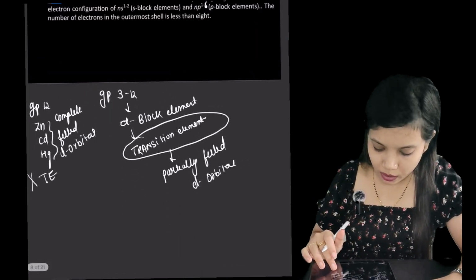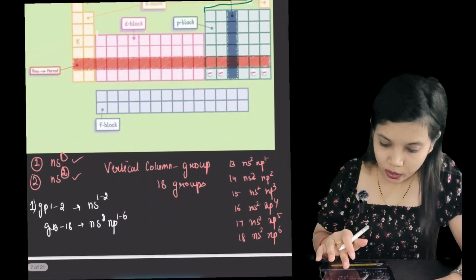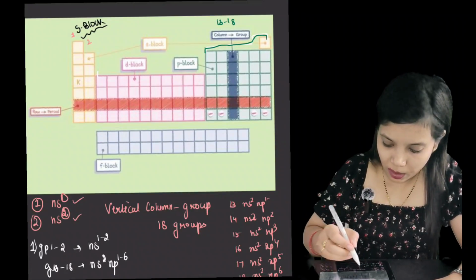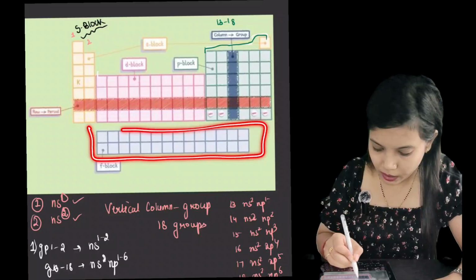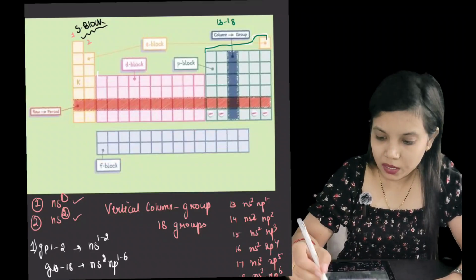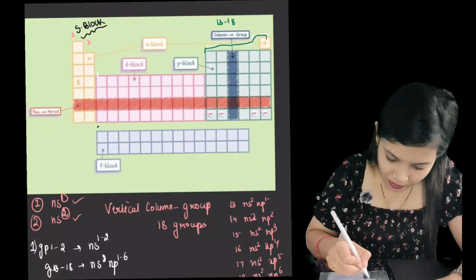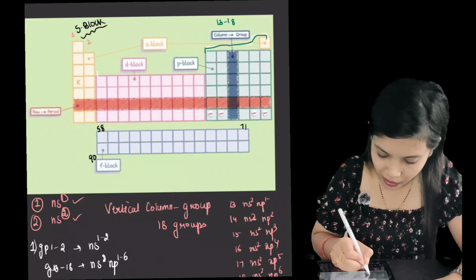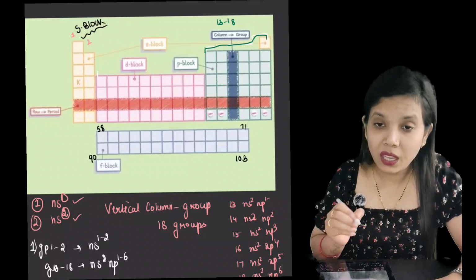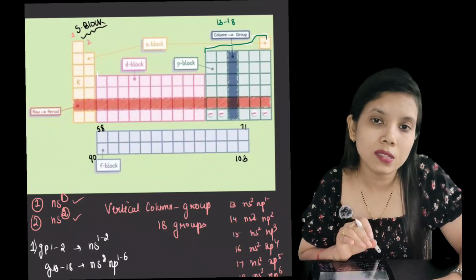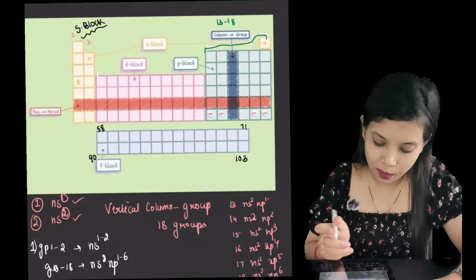Now coming to the next thing, you can clearly see this series. There are two series, correct? The elements from atomic number 58 to 71 and from 90 to 103 are known as F block elements.